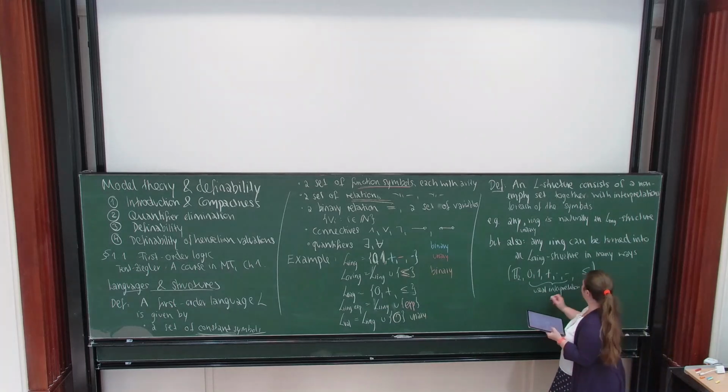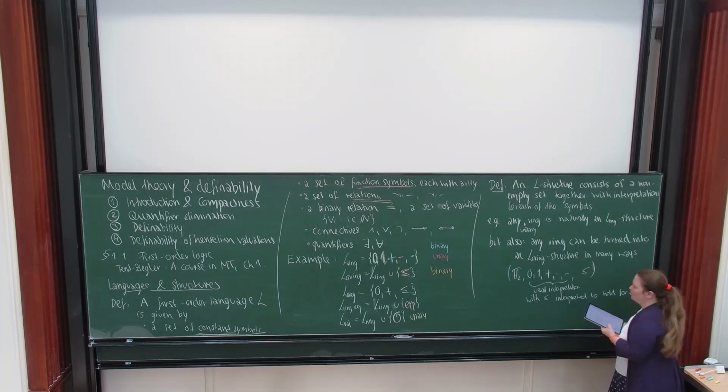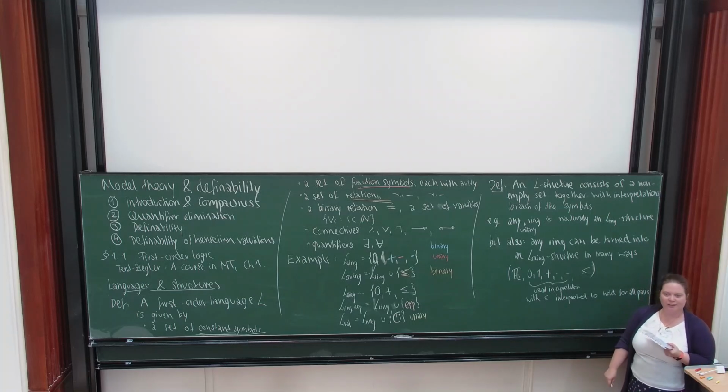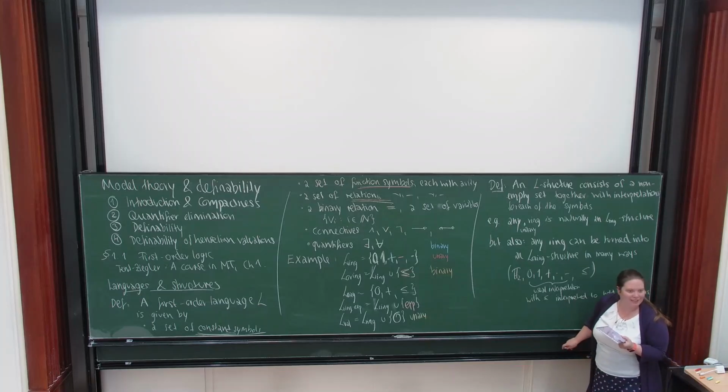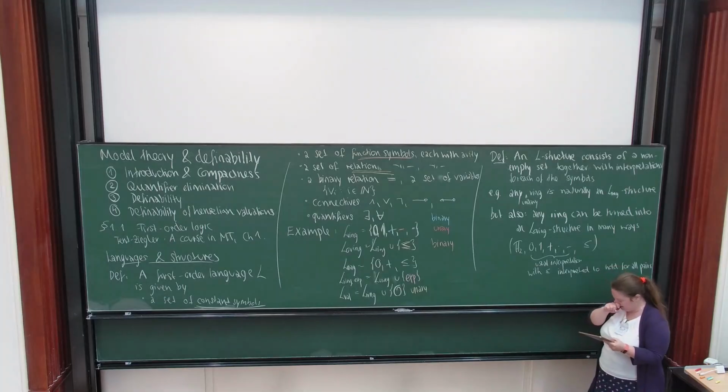So, e.g., I can say with less or equal interpreted to hold for all pairs. So this is a perfectly fine structure in the language of ordered rings. It's not an ordered ring in the sense we know it to be, but it's a good structure.